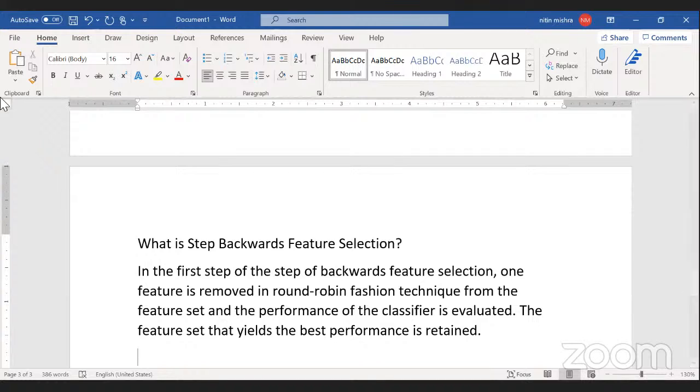Now obviously the second step. All right. So in the second step, what we do is we remove two features at a time. All right.